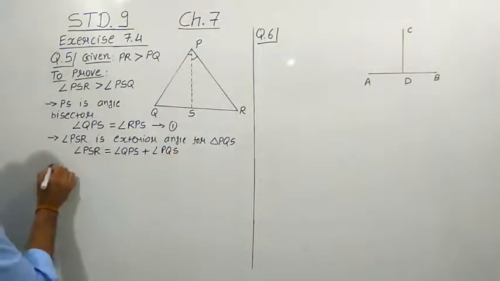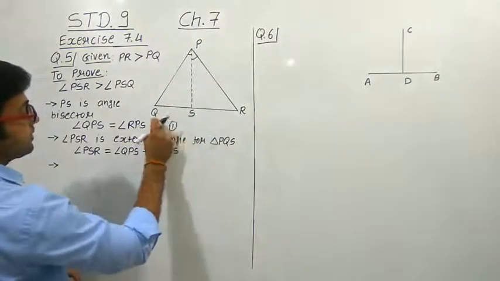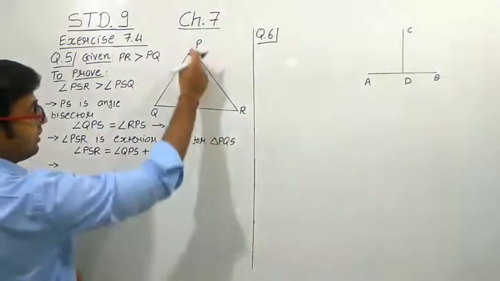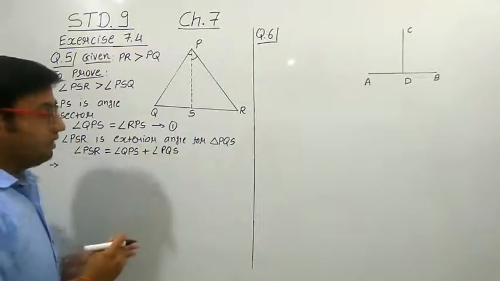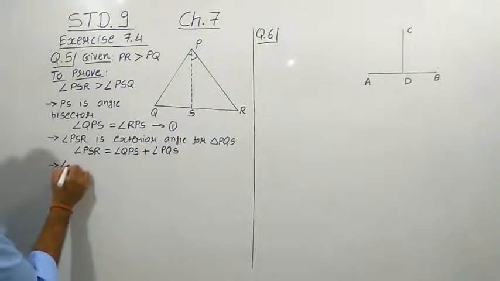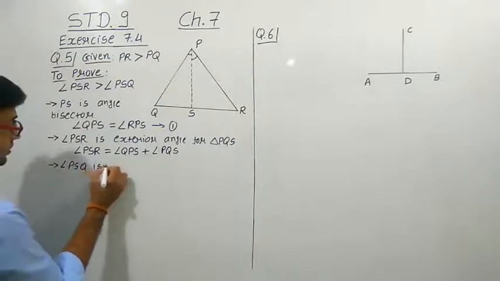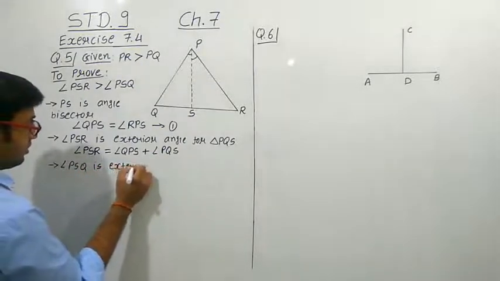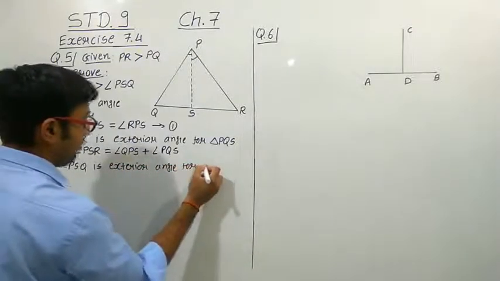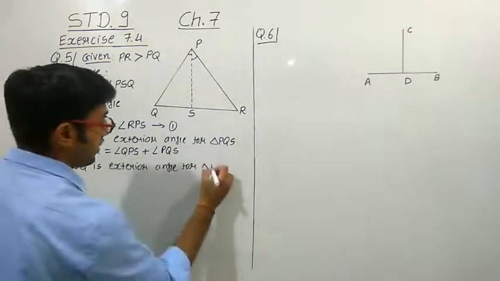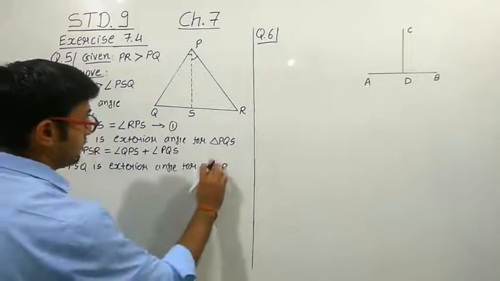In the same way, if we consider triangle PSR, the right-hand side triangle, then PSQ is the exterior angle. So angle PSQ is the exterior angle for triangle PSR, right?